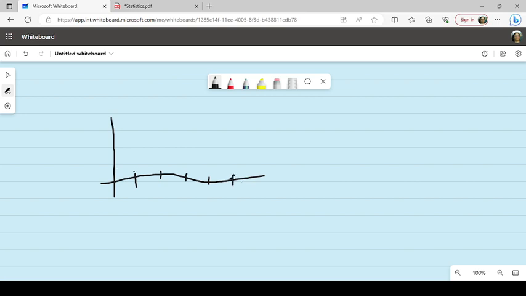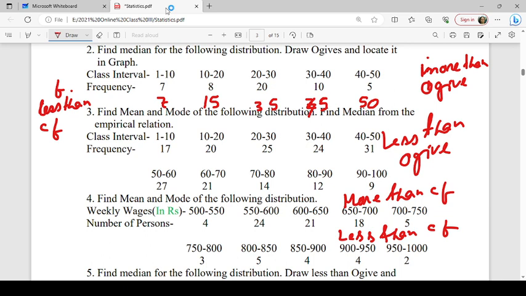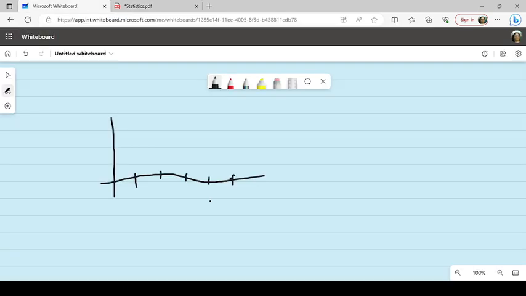Less than 10 it is 7. Our maximum is 50. So we plot 7 against 10, 15 against 20, 35 against 30, and so on. This is 50, then this is 40, 30, 20, 10.